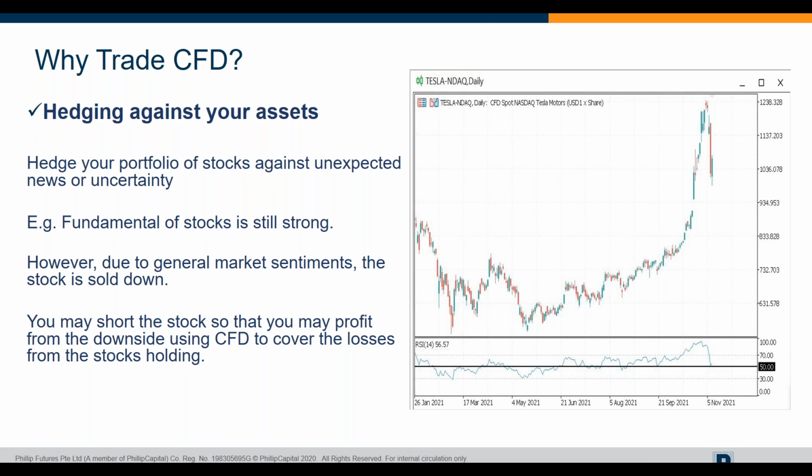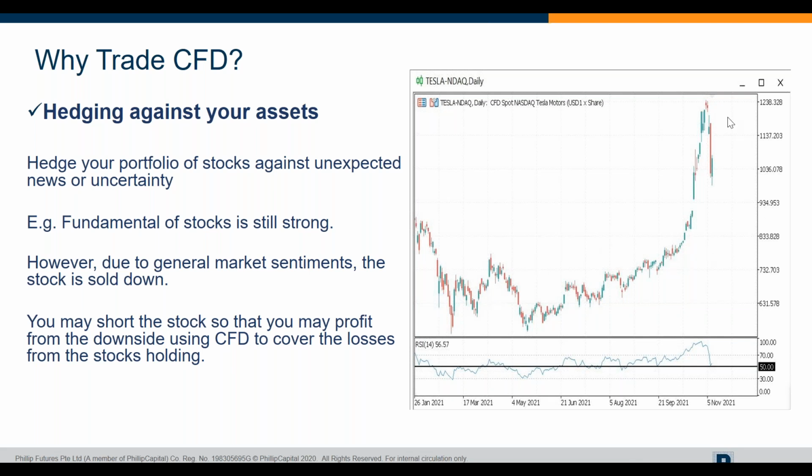You believe the share is fundamentally solid, but due to general market sentiment or the risk that the market has tumbled temporarily, you may look to trade CFD to the downside while you're holding the actual position. On this chart right here, it is an example of a CFD. Let's say you were holding since last year.